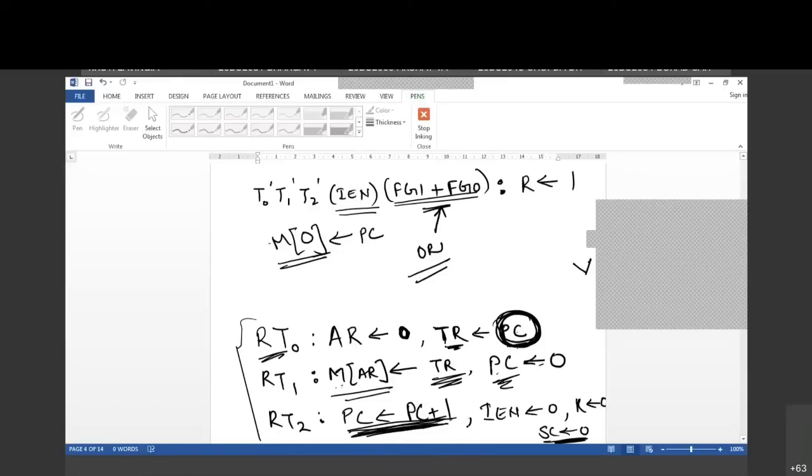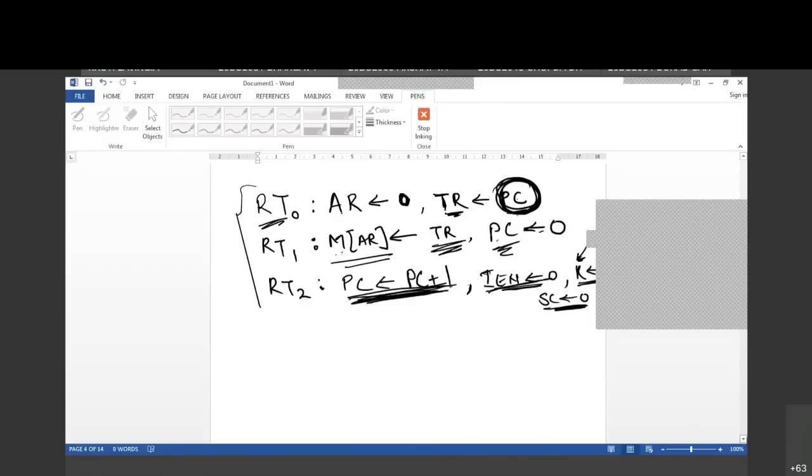Once we reach this location, these instructions will start executing, but at this same time our interrupt task is done. So we will set IEN to 0, our R value, which helps us identify whether it is an interrupt or a normal instruction, to 0, and SC to 0. So this is your interrupt cycle.